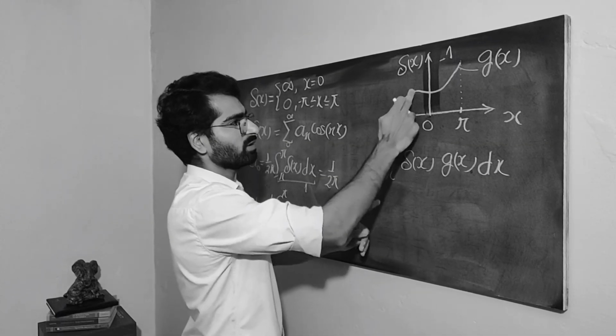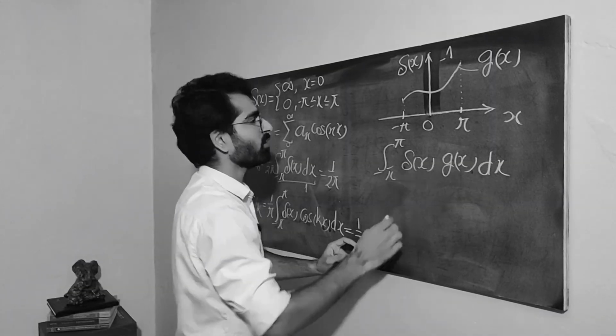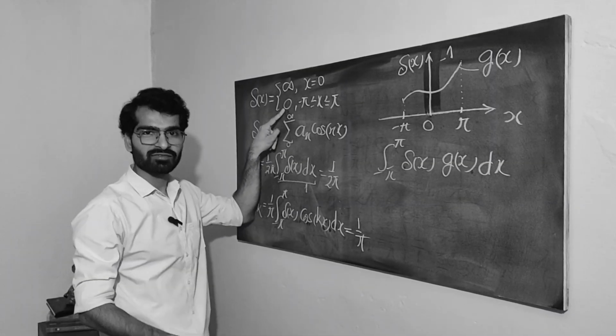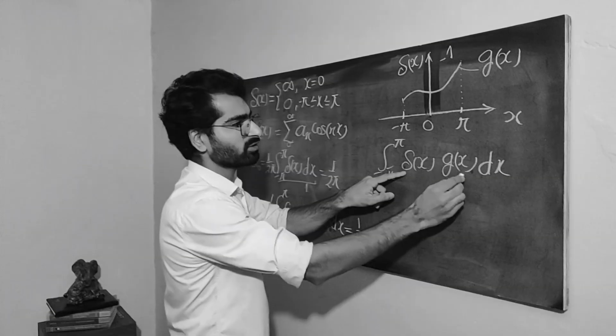Right here, when you multiply them, it will be 0 everywhere because the delta function itself is 0 everywhere. So it gives you 0.